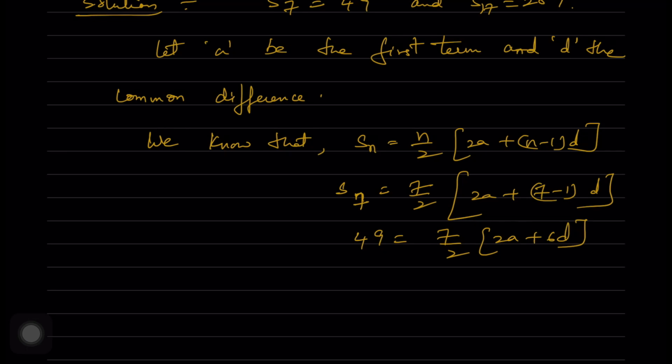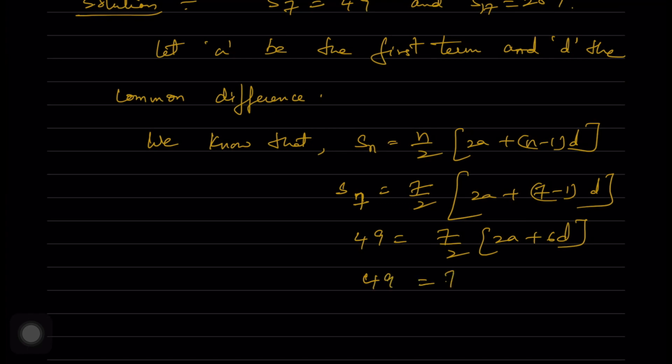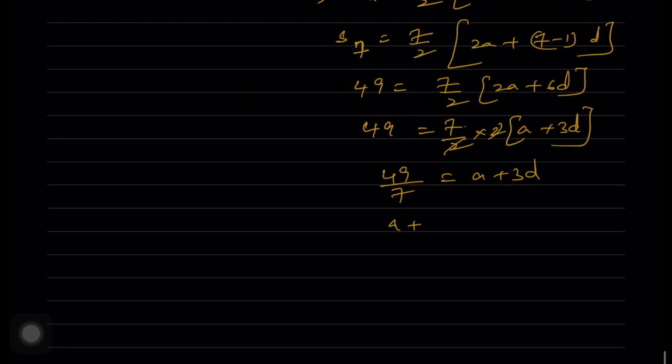If you take 2 common over here, 49 is equal to 7 by 2 into 2 into A plus 3D, so 2 will get cancelled. Now 49 by 7 is equal to A plus 3D. So we have A plus 3D is equal to 7 as the first equation.